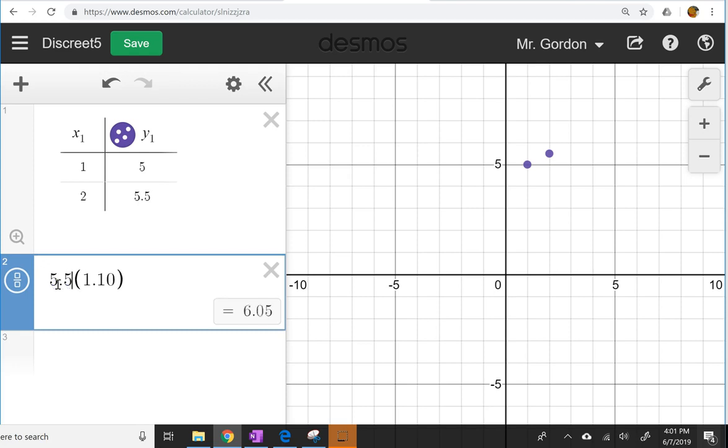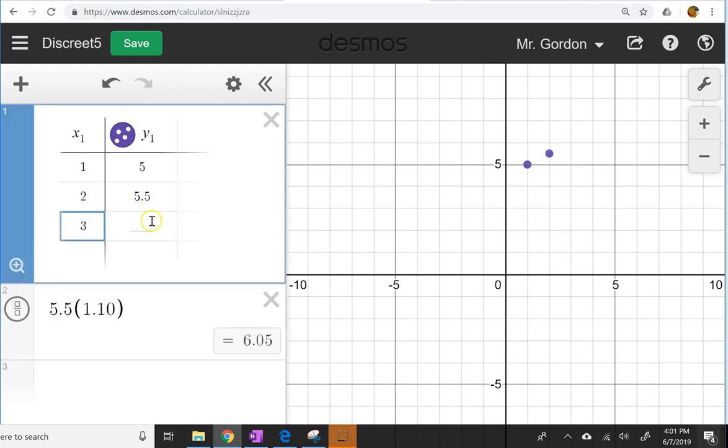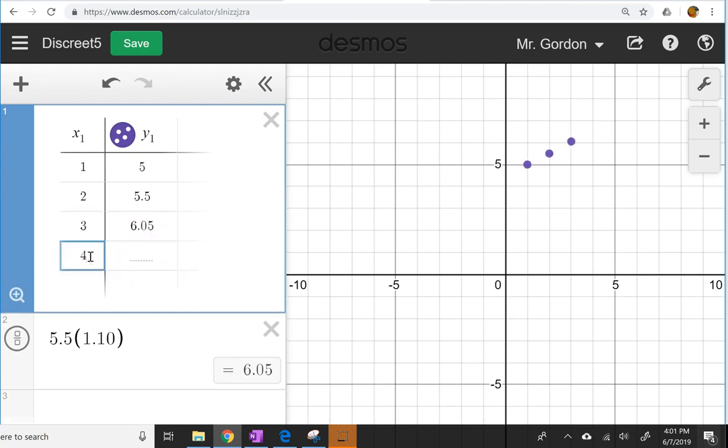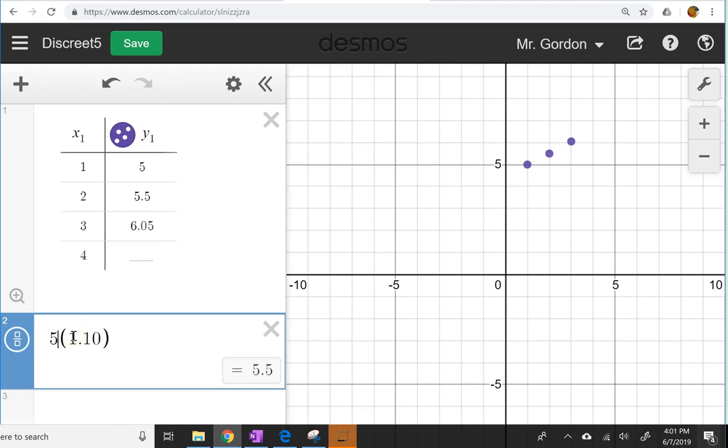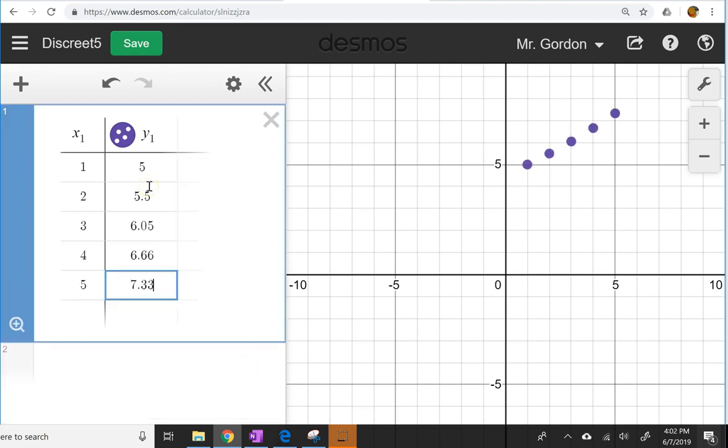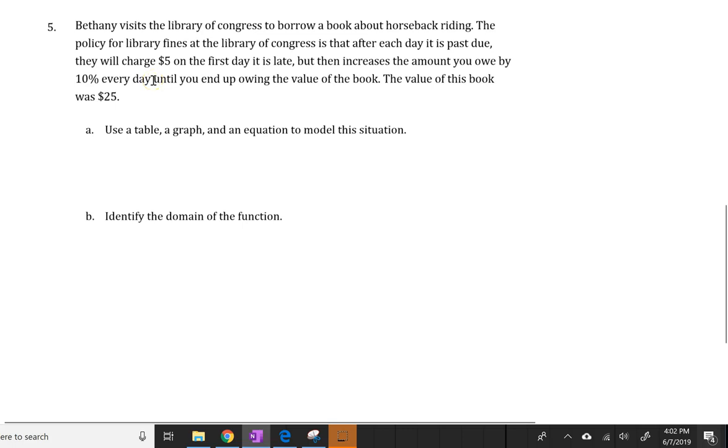And I have 5.5 times 1.1, that's going to be 6.05. And I'll continue filling in this table. So we can see that by day 5, she is going to be owing $7.33, and it's continuing to increase at 10% every day up until the value of the book, which is $25.